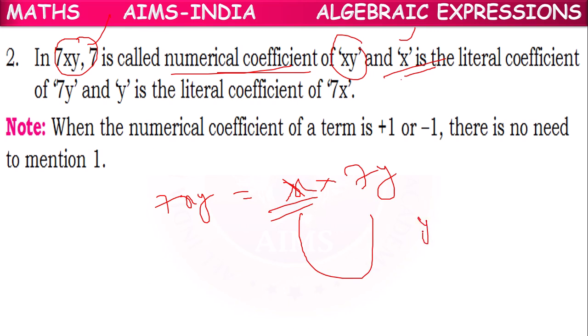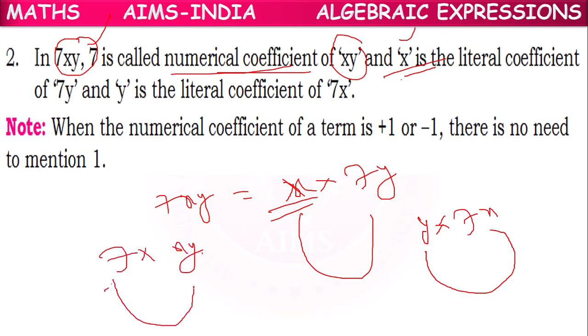Or if we separate y, what remains is 7x, so y is the literal coefficient of 7x. Or if we separate 7, what remains is xy, so 7 is the numerical coefficient of xy. Like that, based on our requirement, we can take the coefficients.